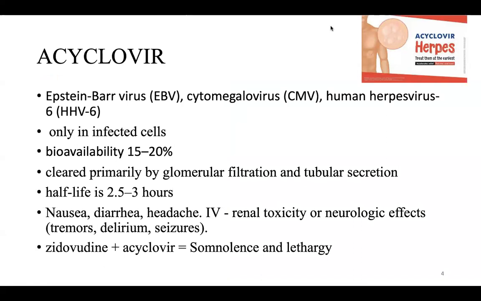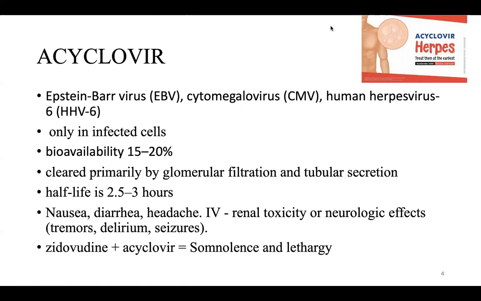This is an acyclic guanosine derivative with clinical activity against herpes simplex type 1, type 2, and zoster, but it's approximately 10 times more potent against herpes simplex types 1 and 2 than against VZV.